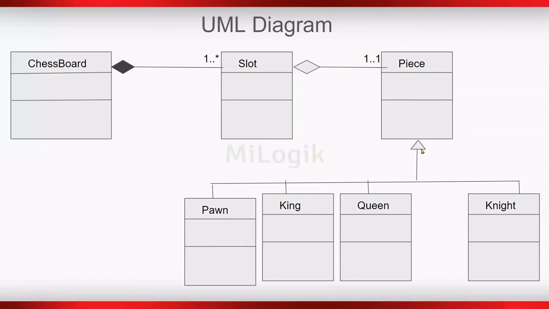That means there is a common base class, there are multiple derived classes. So this is the system design for the chess game software. Using this system design, you can create the software for this.